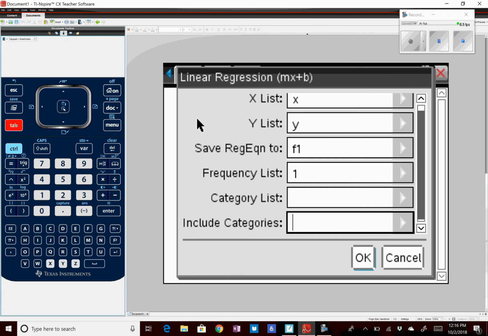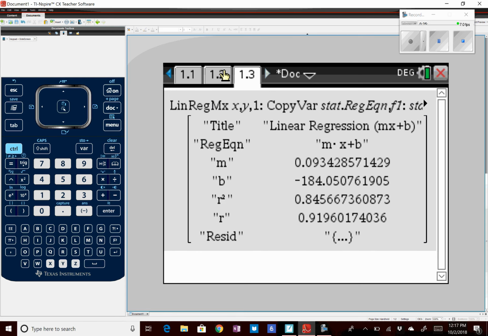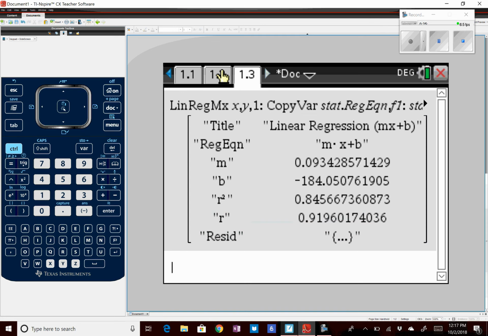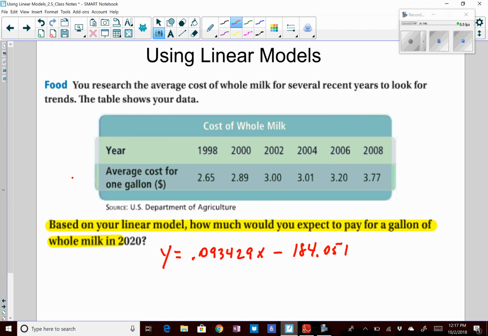But let's go back here now, and we'll put that equation in. And here we go. So the equation we came up with, y equals 0.093429x minus 184.051. Let's go back, just make sure. Yep, okay. So there's our equation.